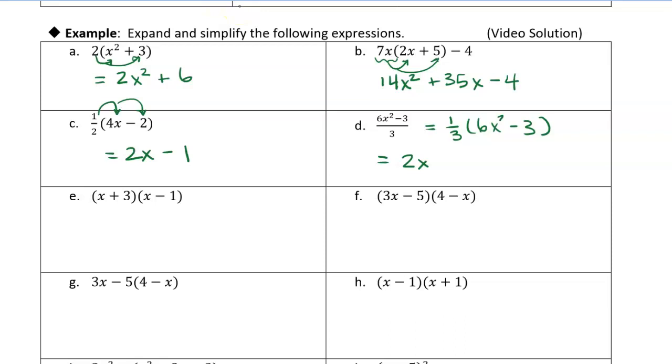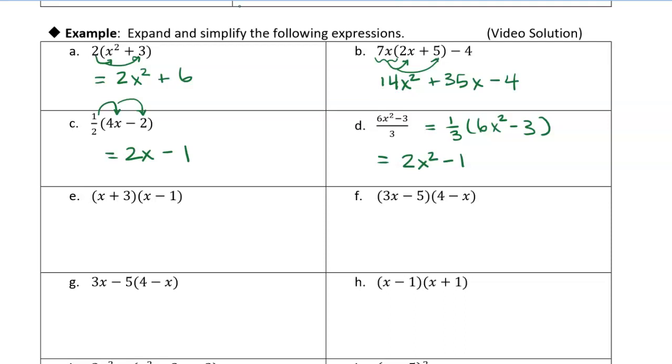Got a little distracted by the phone there. So we have 2x squared, and then 1/3 of -3 is a -1. All right, so remember that division is the same as multiplying by the reciprocal. All right, but we're dividing the whole thing by 3, right? This whole numerator by 3, so we have to multiply the whole numerator by the 1/3.